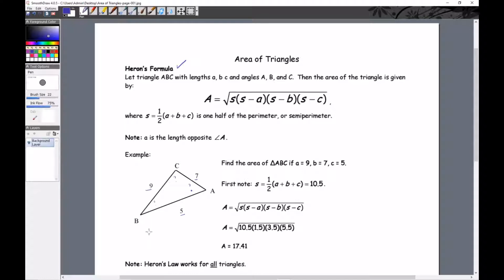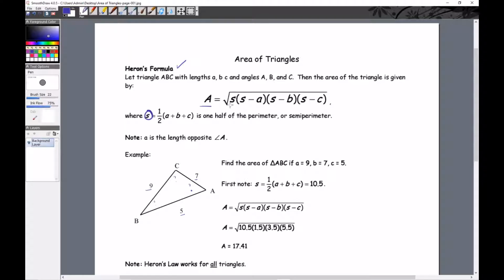The first thing we need to do is calculate this value s, which is just 1/2 the sum of the given side values. So here it would be 1/2 of 9 plus 7 plus 5, whatever that is. That'll provide you with the value of s, which then goes into your main formula to find the area of that triangle.